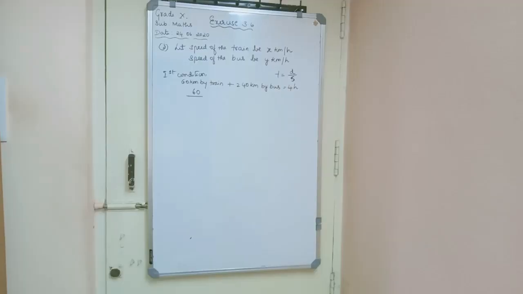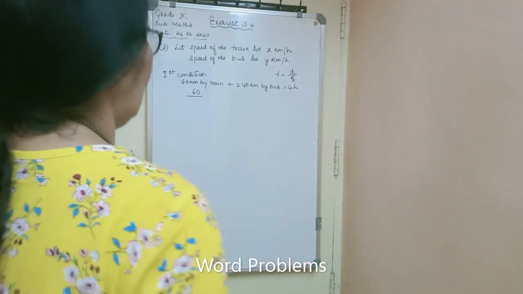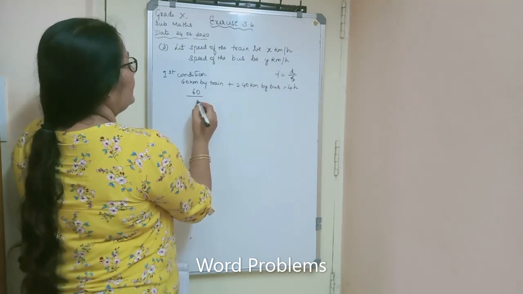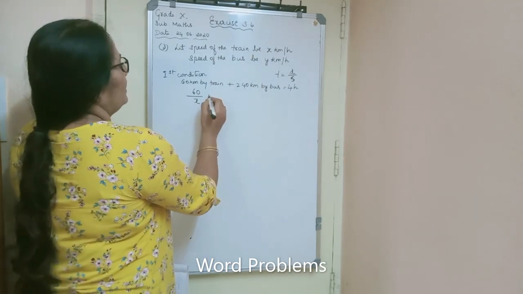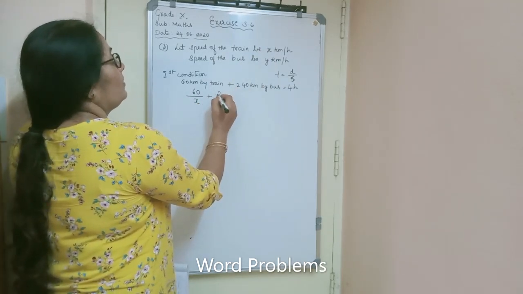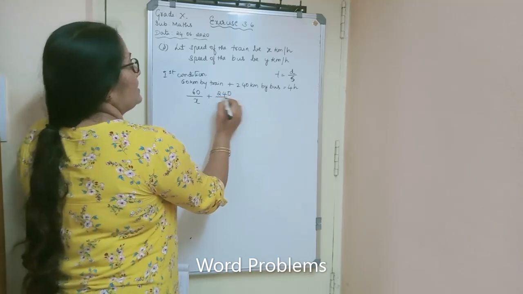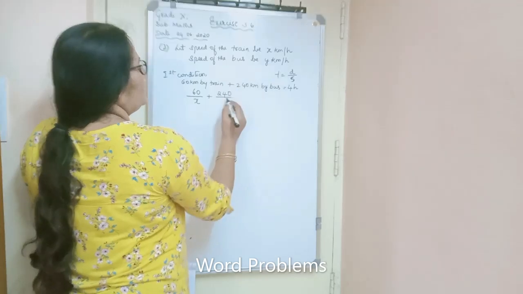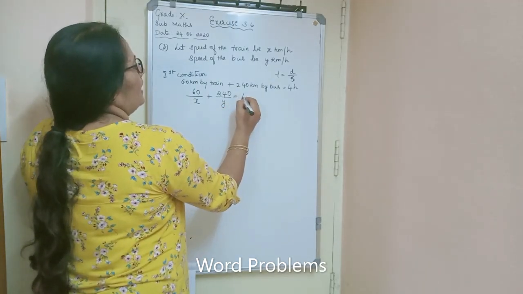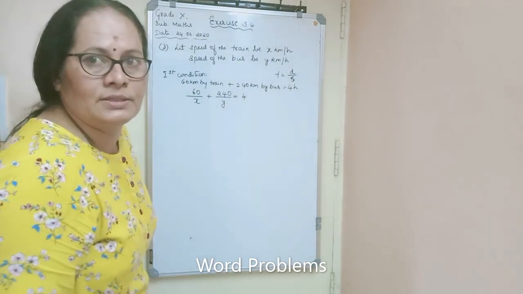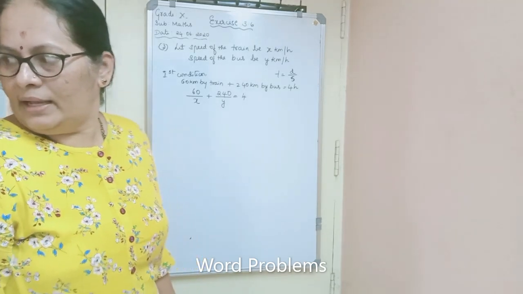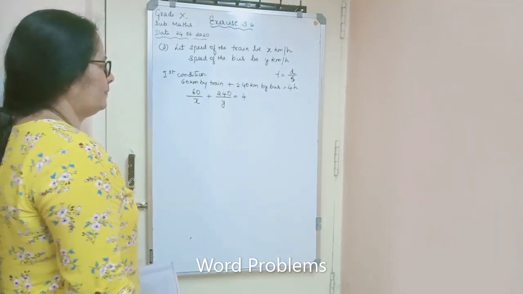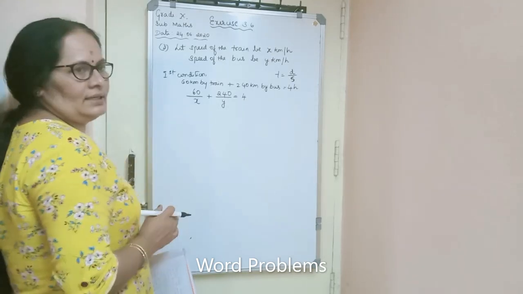In that, 60 km is the distance travelled by train and the speed of the train is x. Then 240 km by bus. So the distance travelled by bus is 240 km and the speed of the bus is y and the time taken is 4 hours. This is the first condition.